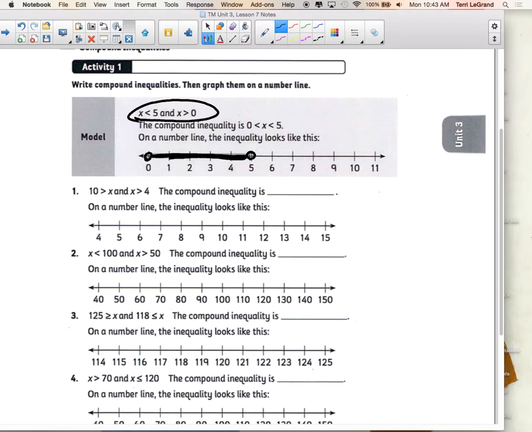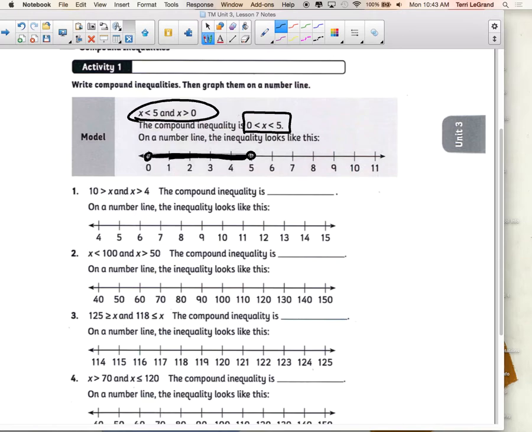for this inequality. But put a box around this, here's how we will typically see that written. And we have to learn how to write them like that. So that's what we'll be practicing first today. Here's how that reads. 0 is less than X and X is less than 5. That's how we read that statement.